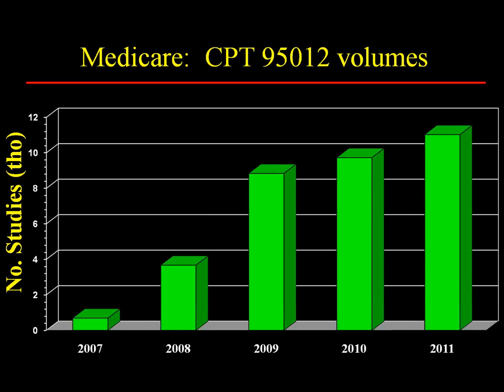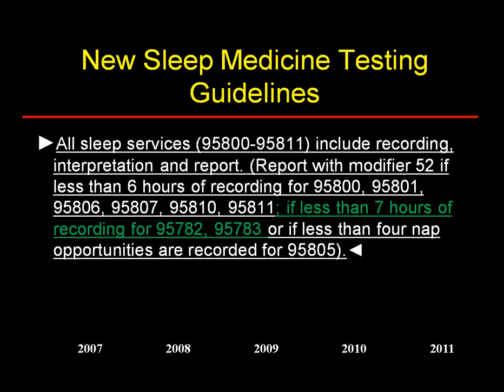In calendar 2011, the most recent year for which claims data were available, around 11,000 of these studies were billed to the Medicare program. So for those on the call who are interested in exhaled nitric oxide, I can assure you that the Medicare program recognizes and pays claims for medically necessary, clinically appropriate exhaled nitric oxide measurements, but there are many other payers out there who do not. Next slide.